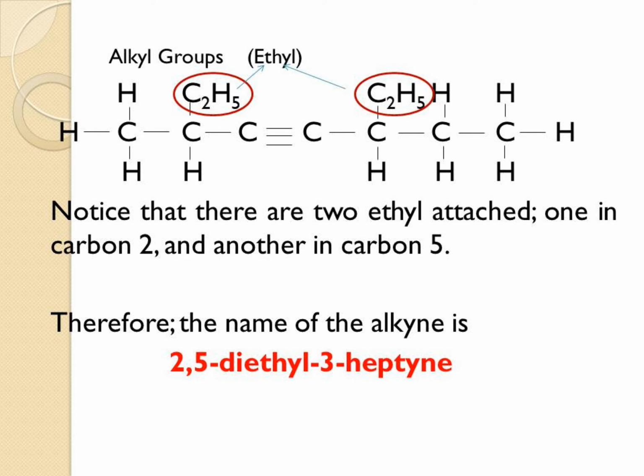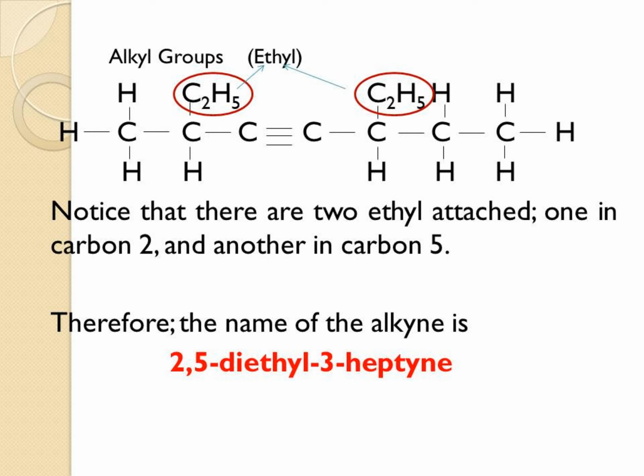Okay? So the parent chain consists of how many carbon atoms? 1, 2, 3, 4, 5, 6, 7. That is 7. That's hept. Due to the presence of the triple bond, it becomes heptyne. The parent chain is heptyne.